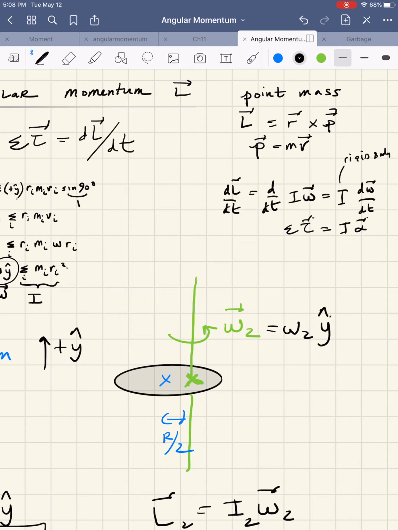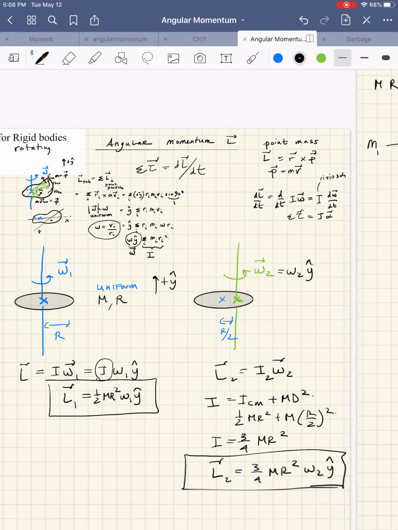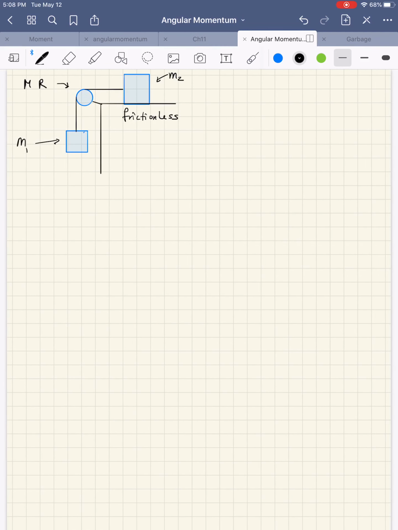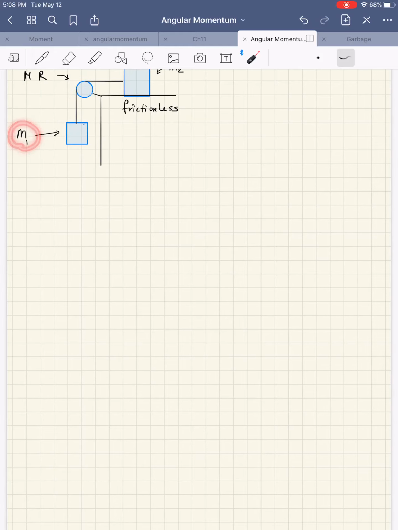And now we're going to use everything together. So on this next page, I have a couple of masses. Here is M2. It's just moving along on this frictionless surface. It's attached by a massless string to a massive pulley, mass M, radius R, and M1 is also attached from this other massless string, well, the same string, but remember we treat this as T1 and T2 separately because there's a mass in the middle.